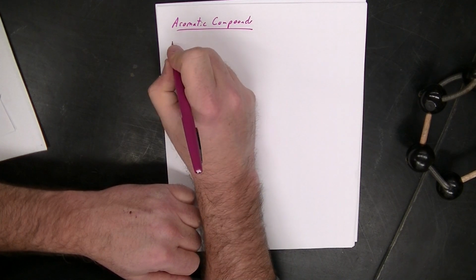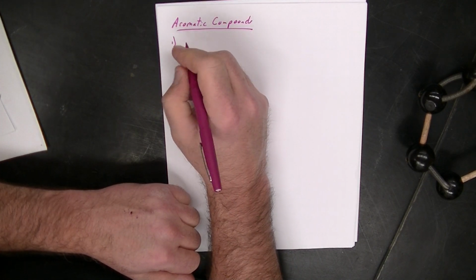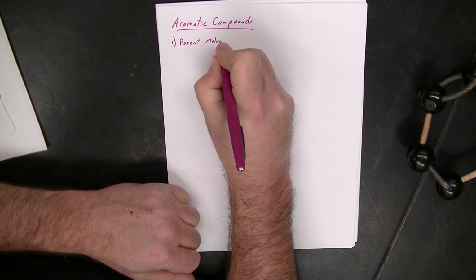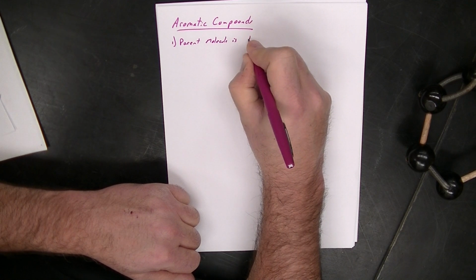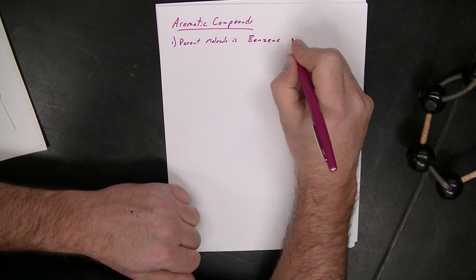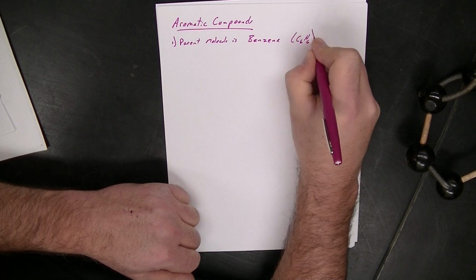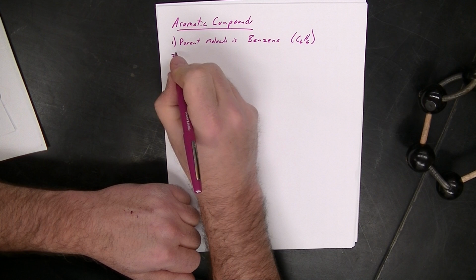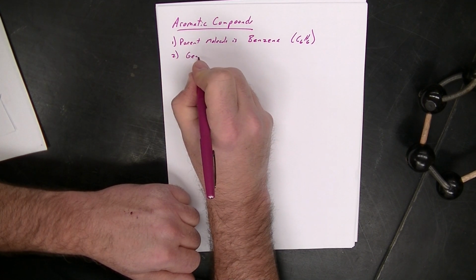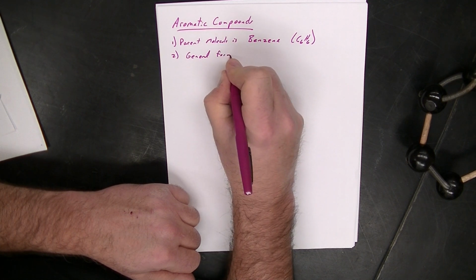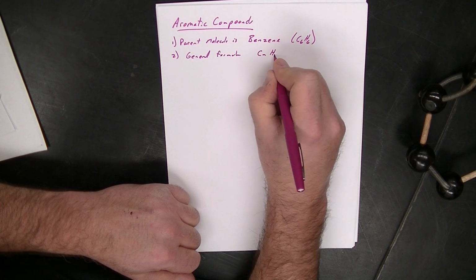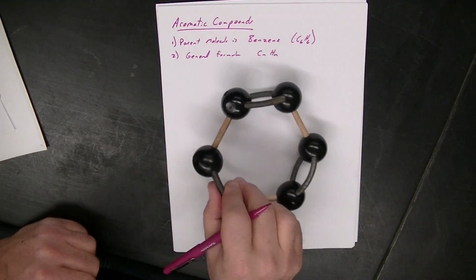Aromatic compounds. Number one, the parent molecule is the benzene molecule. Benzene is C6H6, and the general formula of the aromatic compounds is CnHn.